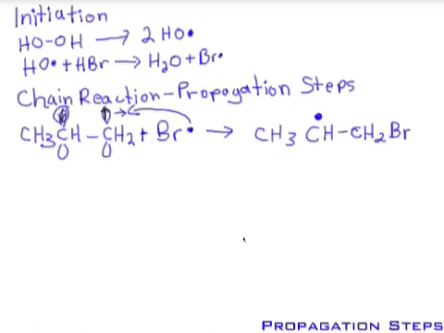Now, what's interesting is if you are comparing a secondary carbocation to a primary carbocation, likewise, the secondary radical, so I'll put secondary dot, is more stable than a primary dot. But what I've done here is show you that the energy gap is smaller in radicals.